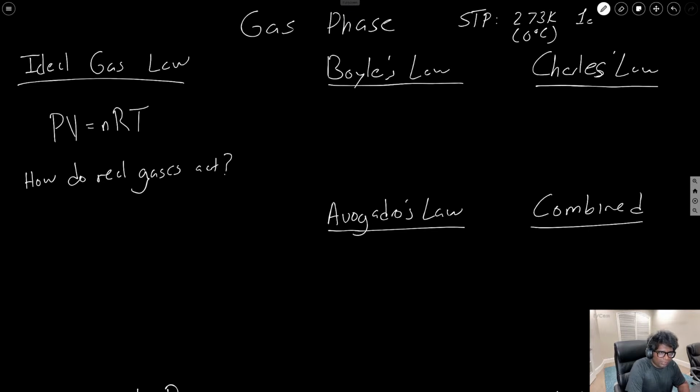For pressure, it's 1 atm. And note that 1 atm equals 760 millimeters of Hg, equals 760 torr, and it's about, I don't want to say it's equal to, but it's about 100,000 Pascal.